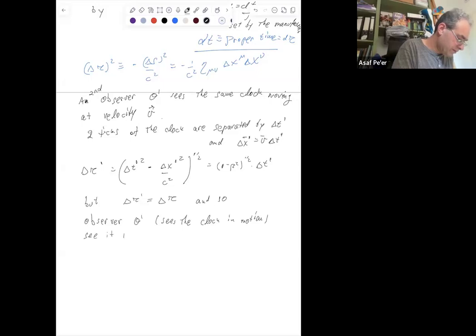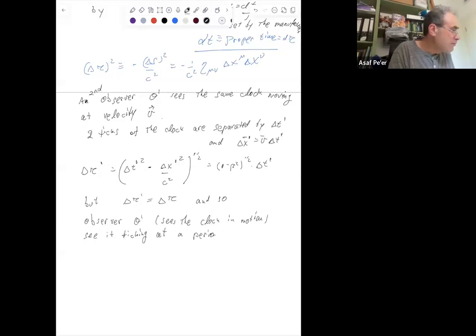It is ticking at the period delta t prime, which is delta tau prime times 1 minus beta squared to the power 1/2.